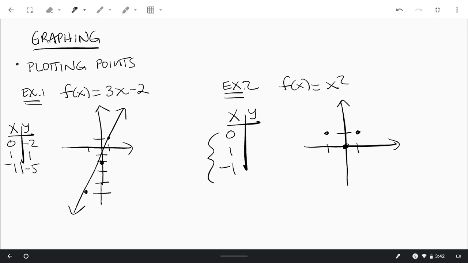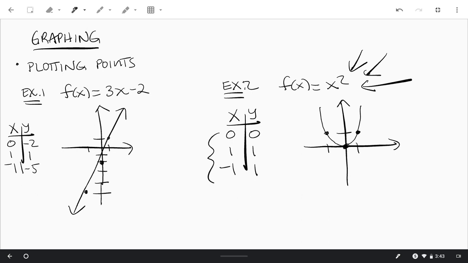So when I take that 0 and I plug it in here, I get 0 squared, which is 0. Do the same thing with 1. Plug it in here. 1 squared is 1. Negative 1, plug it in here. Negative 1 squared, negative 1 times negative 1 is 1. Okay, so I get these 3 points that we already plotted, and we get not a V. x squared is a parabola.